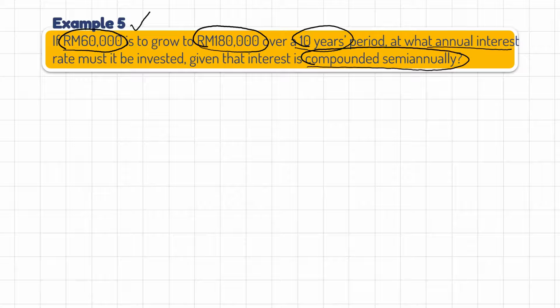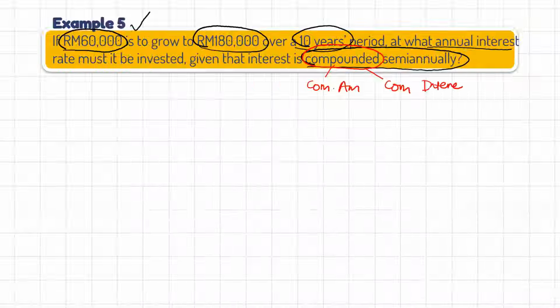First of all, since here we have the word compounded, therefore this will be compound amount or compound interest. So we need to use the formula regarding compound amount or compound interest. This is not simple interest.